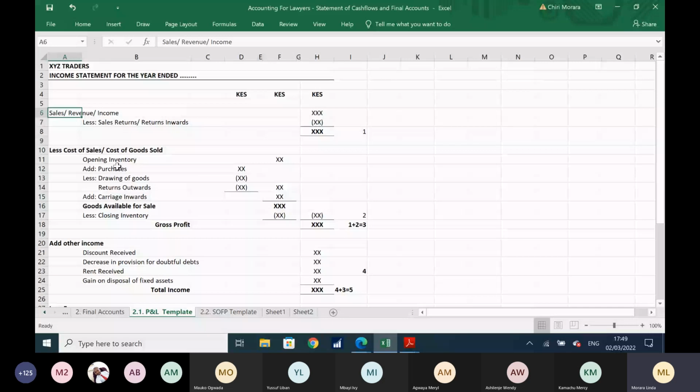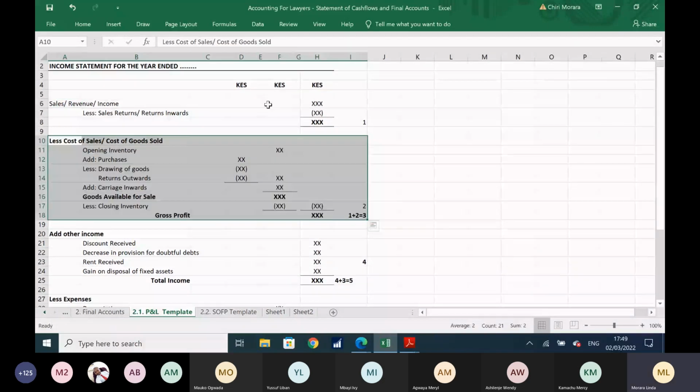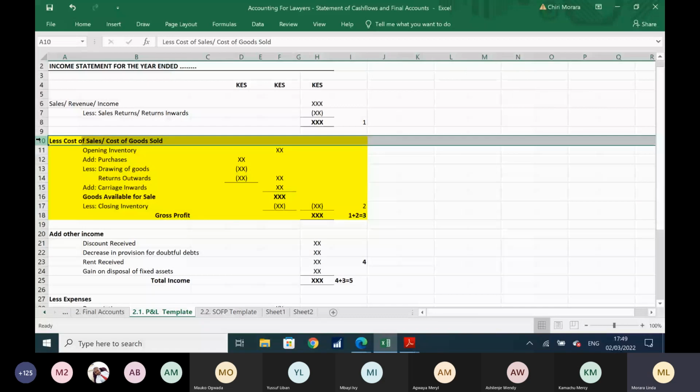And then now going down, you're deducting your expenses, right? And I'll be coming back here. Basically, this is your cost of sales. And your cost of sales, what it tells you is, so we made a sale of, let's say, 1,000 bob.